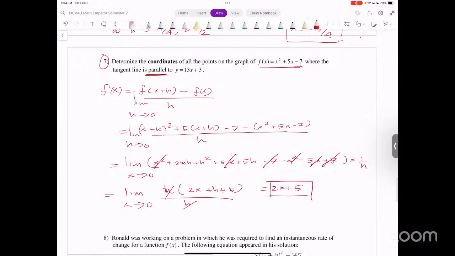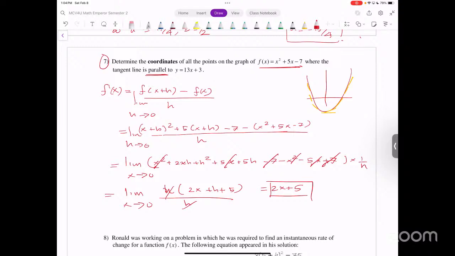This is the general expression for the slope of the tangent line at any point. This is the parabola. A parabola has 10,000 tangent lines, and each tangent line has a linear relation.